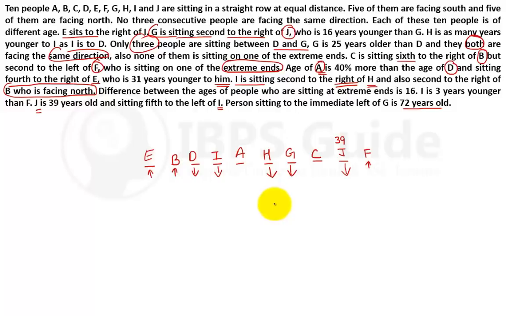Now south cannot be placed here, the only option is north direction, because it is clearly mentioned that no 3 consecutive people are facing the same direction. So we have already placed persons in different directions.